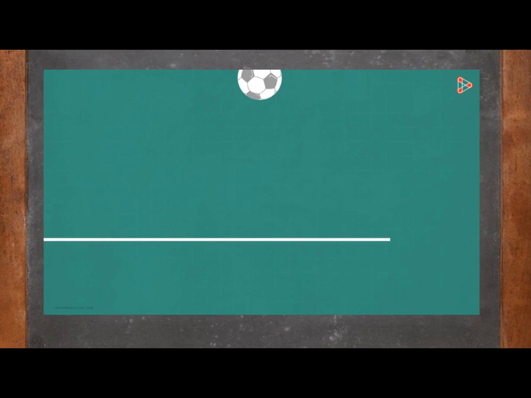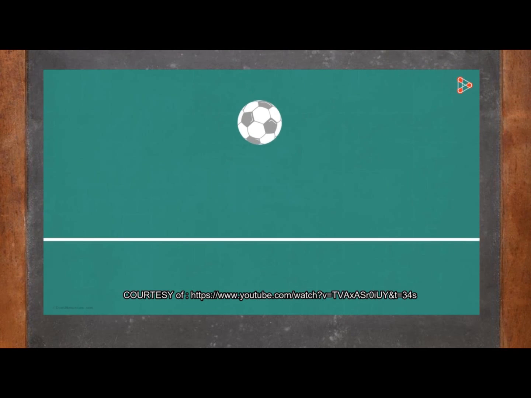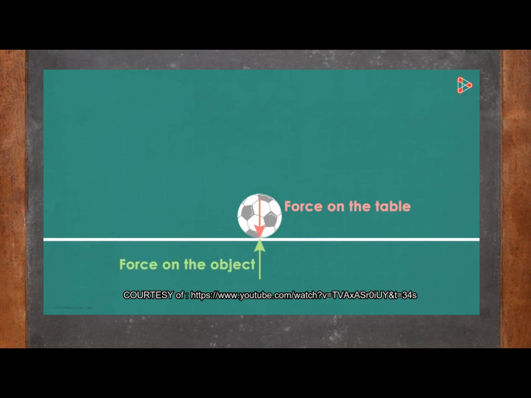What happens when you place an object on the table? The object exerts a force on the table, and the table exerts an upward force on the object. There are two forces that result from this interaction: a force on the table and a force on the object.